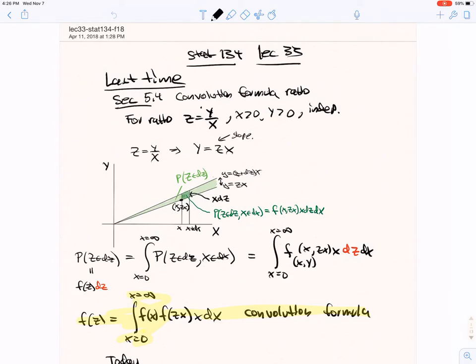So that volume is approximated by the height of the joint distribution at the point (x, zx) times the area of that parallelepiped, which is dx times dy, and dy is x dz, because you can see that the difference in y, for the top line y is (z plus dz)x, and for the bottom line it's y equals zx. So that change in y is in fact x dz.